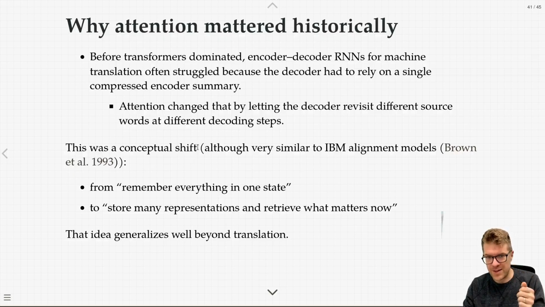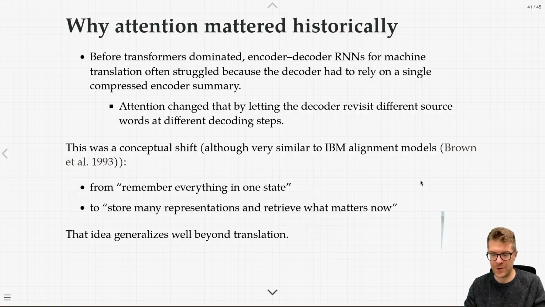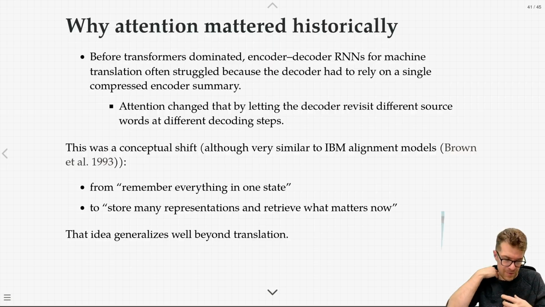This is a conceptual shift, but I want to point out that it is very closely related to the concept of alignment. Even in the 90s, before recurrent neural networks, IBM had a model of taking information from one input sequence and mapping it to an output sequence, paying attention when producing the word Européen, since the word European matters more to that translation.